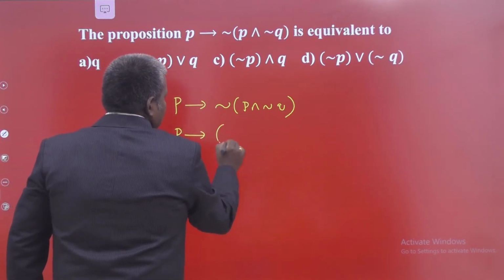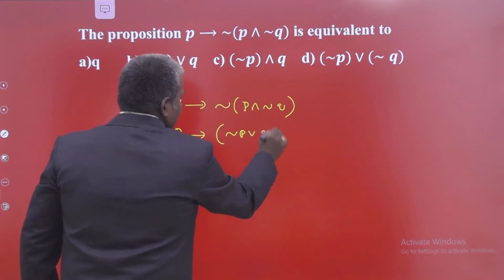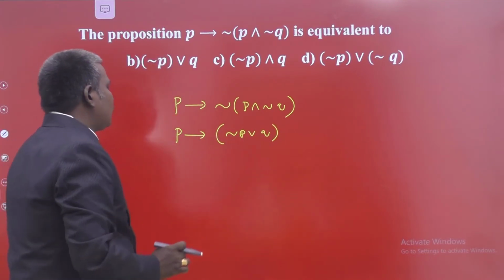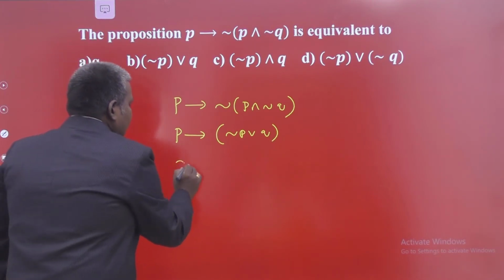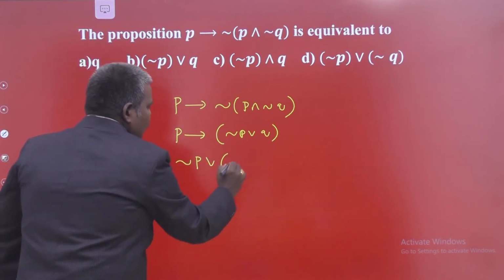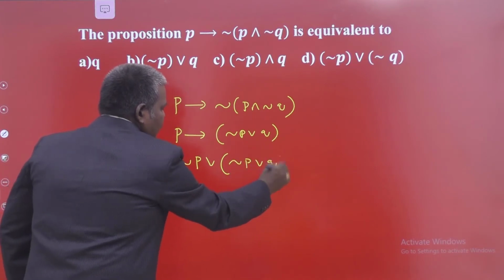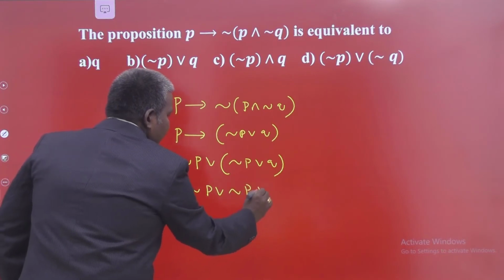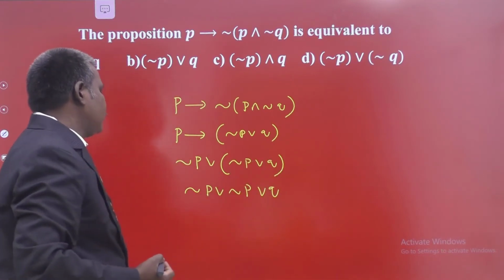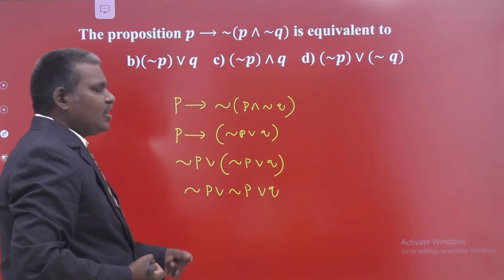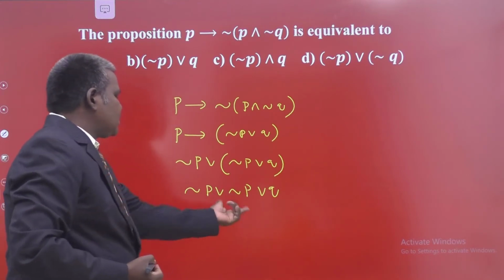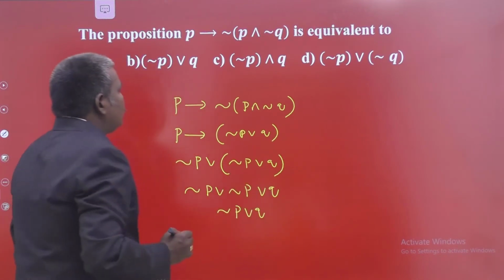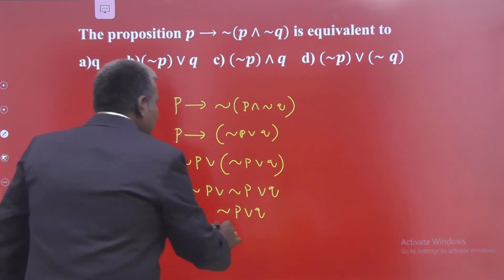P → (¬P ∧ ¬Q) is ¬P ∨ (¬P ∧ ¬Q). ¬P or ¬P is nothing but the same statement. So ¬P ∨ ¬Q.